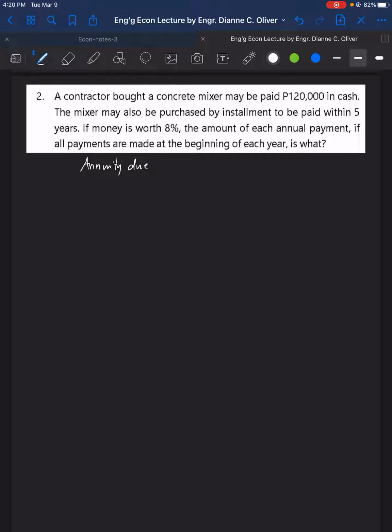If we draw the cash flow diagram for this, so 5 years. So this is year 0. We have here 1, 2, 3, 4, 5. We have there 5 years. And then the payment is made at the beginning.